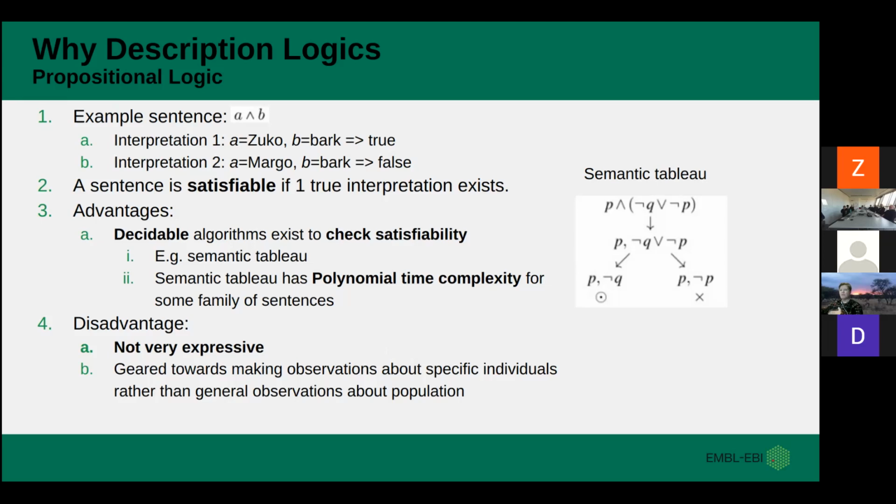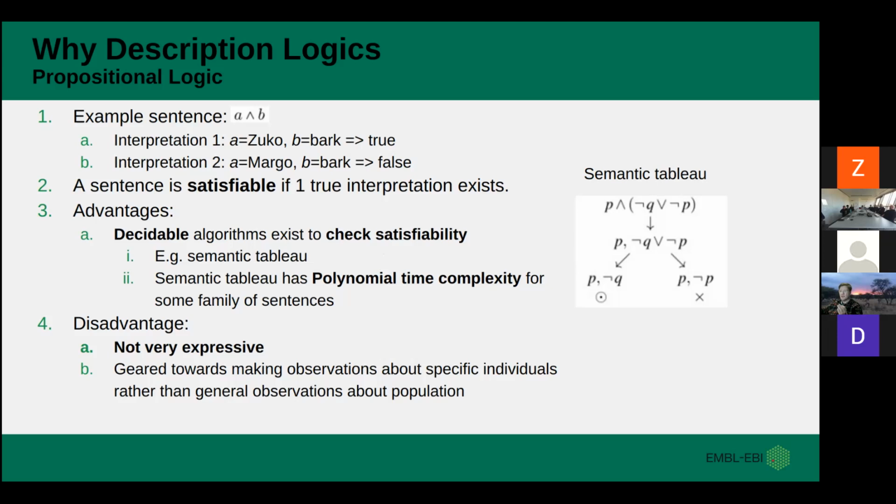We try to provide a solution not just for a specific interpretation, but for any interpretation. This notion of interpretations is something you'll see in predicate logic, and also in description logic.